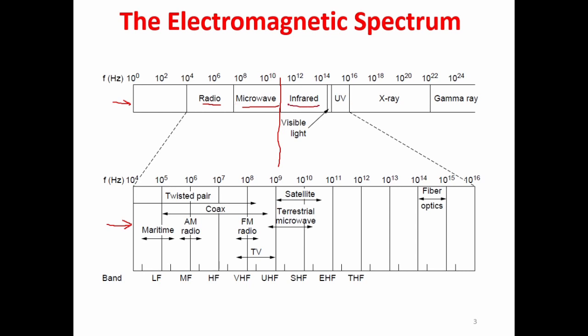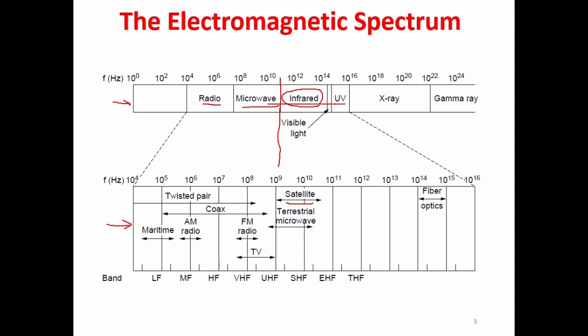But if we are working with infrared, for instance, now we can work with satellite or terrestrial microwave. And this terrestrial microwave is just a simple technology for transferring the radio beam from one antenna to another antenna.